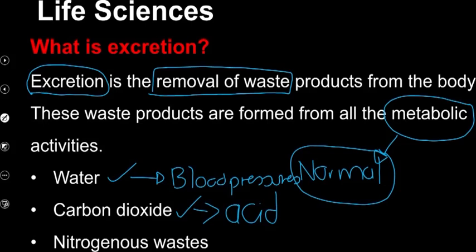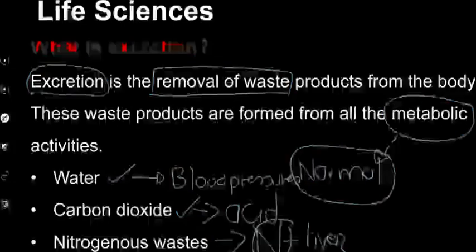Then we have this whole concept of nitrogenous waste. What was a nitrogenous waste? Some of the things in our body, especially stuff that works in our liver, give off nitrogen. And nitrogen can be converted to ammonia.